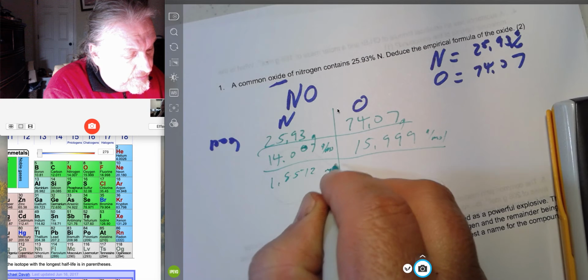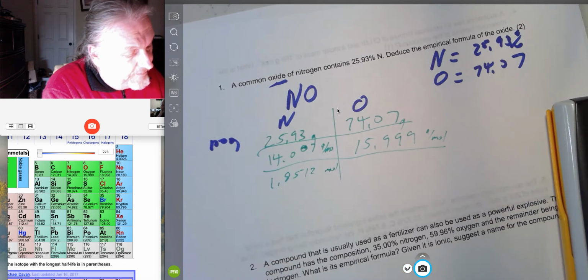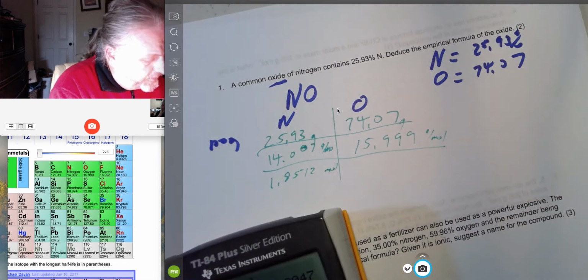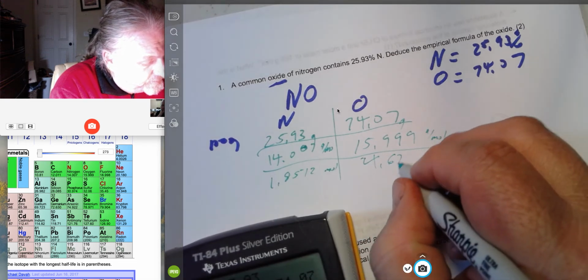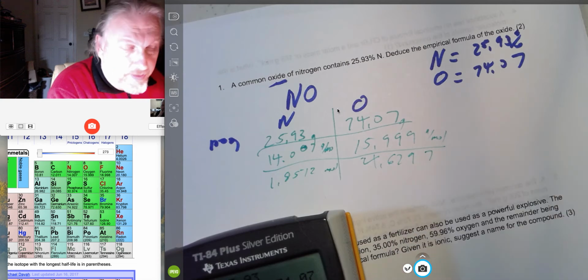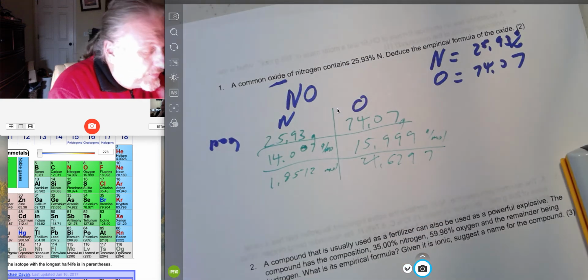That's moles. And if I take 74.07, divide it by 15.999, I get 4.6297. We'll just round to 4 digits, which is more than what I need.